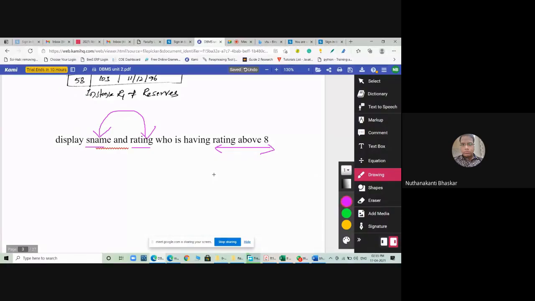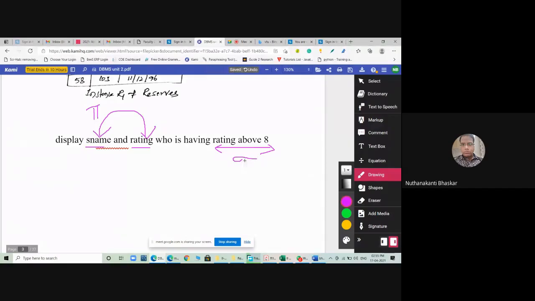Now, everyone please carefully understand. Which condition do we have to write first? For S name and rating, which operator do we have to use, selection or projection? Projection. And for the rating condition, which operator?